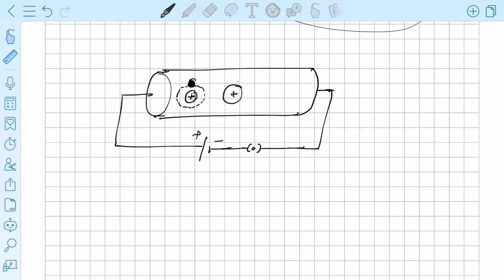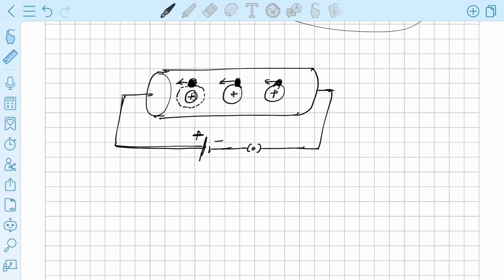Similarly, we have a large number of atoms, each with a valence electron, and these valence electrons can freely move. So when we connect this conductor to a battery, these electrons will move towards the positive terminal, because these electrons are negatively charged.